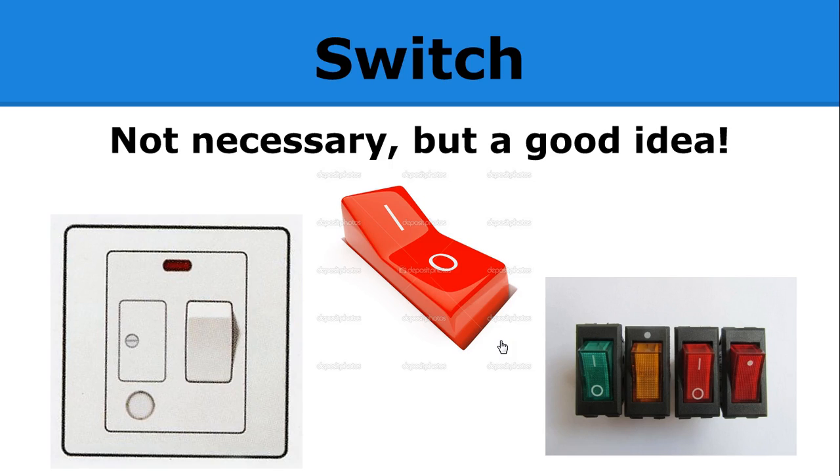The same thing is true with your rovers. If you don't have a switch, you have to unhook the wire from the battery every time you want to stop it, and hook it back up every time you want to start it. So a switch is not necessary for an electric circuit, but it's certainly a good idea.